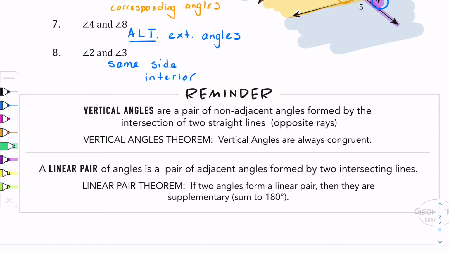We have to know that vertical angles are a pair of non-adjacent angles formed by the intersection of two straight lines. We need to specifically know that the vertical angles theorem states that vertical angles are always congruent. If I draw a model, vertical angles are formed by what appears to be an X. These two angles are congruent, or else we could say they are equal.